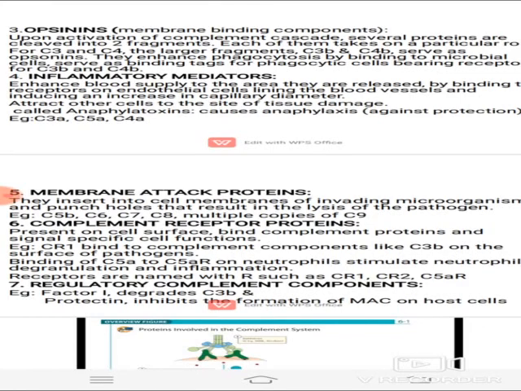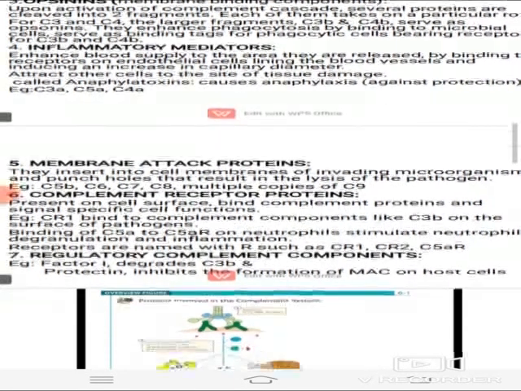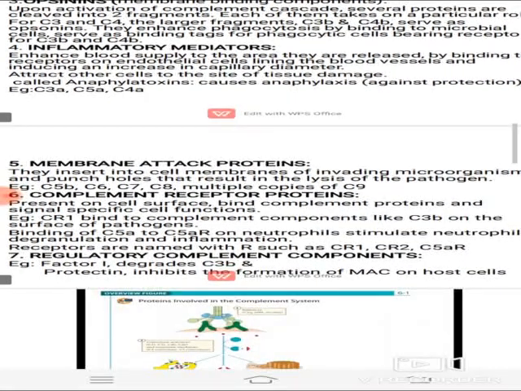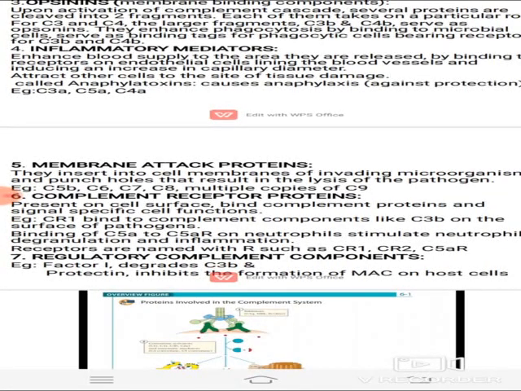The second event is capillary permeability: the capillary wall becomes more permeable, so more fluid comes to the damaged site. The third event is the influx of phagocytes from blood into tissues to phagocytose the invaders. So this is the inflammatory barrier of the innate immunity.